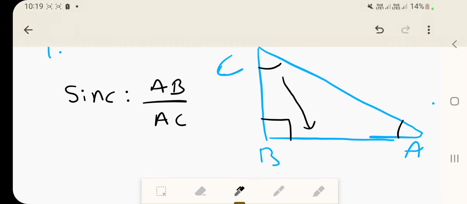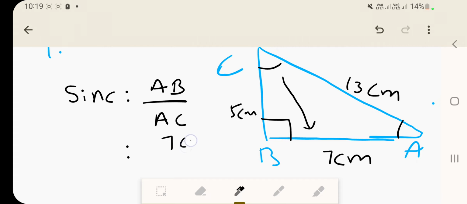Suppose in the example problem they mention the lengths in centimeters: length of BC is 5 centimeters, length of AC is 13 centimeters, and AB is given as 7 centimeters. If they ask to find sine C, the length of the opposite side is 7 centimeters divided by AC, 13 centimeters.